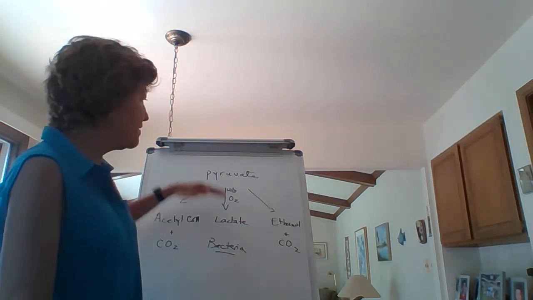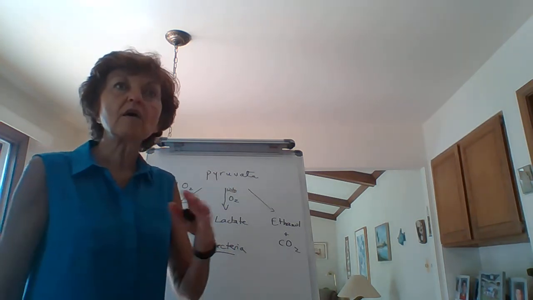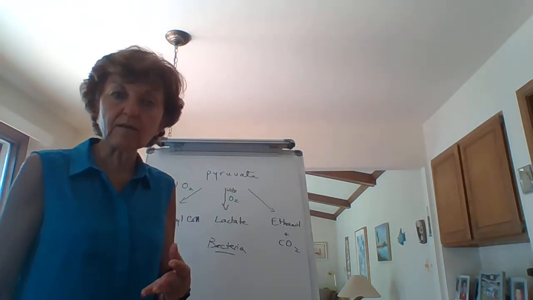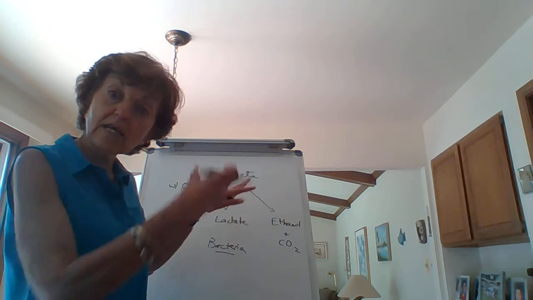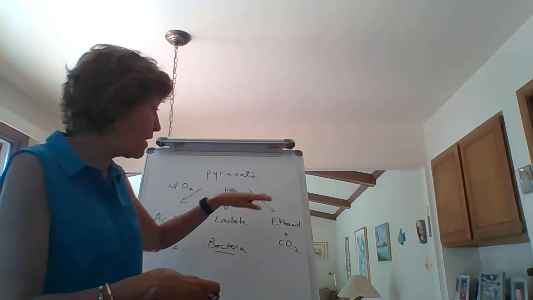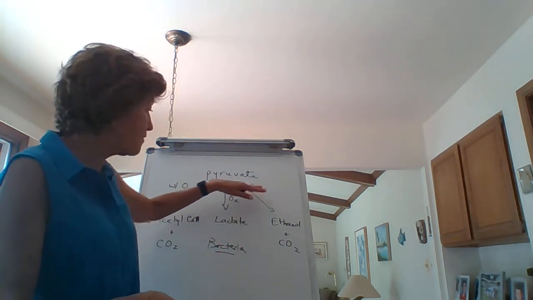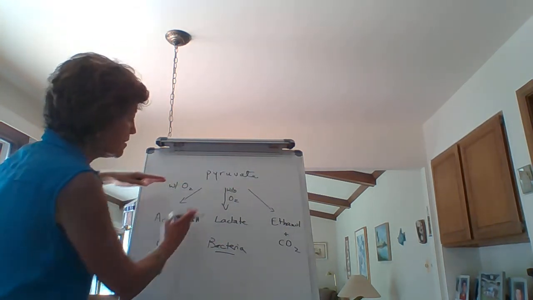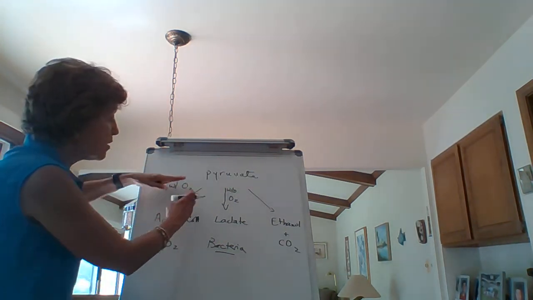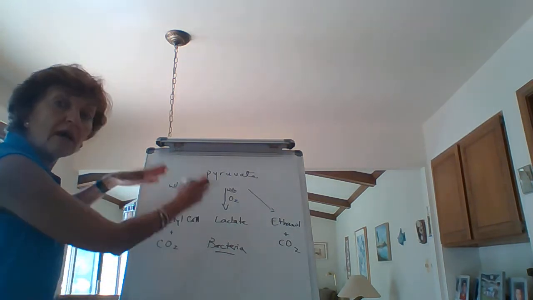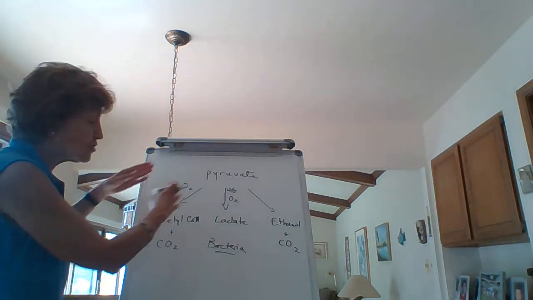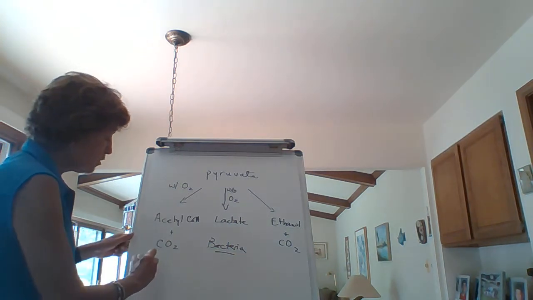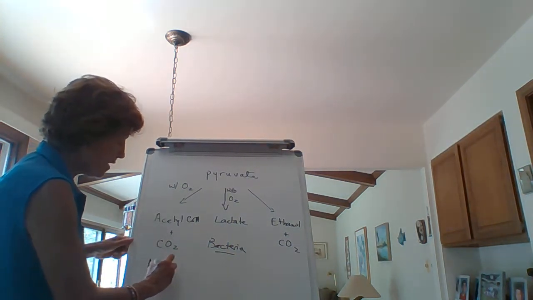By the way, all of these reactions are ways to replenish NAD. You take all the NADHs that have been produced, and this and this will replenish your NAD. This one over here doesn't replenish NAD. This one actually uses NAD and then produces another NADH.